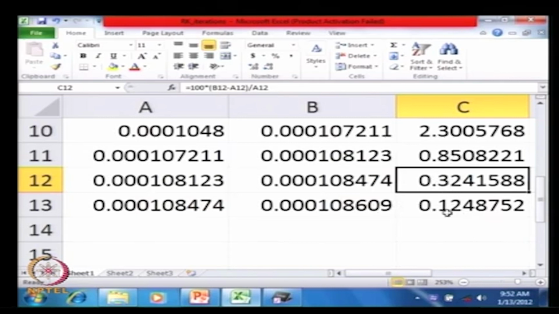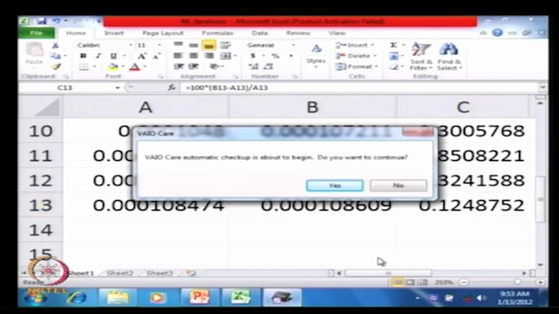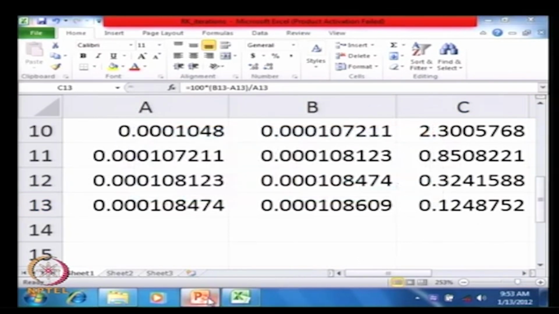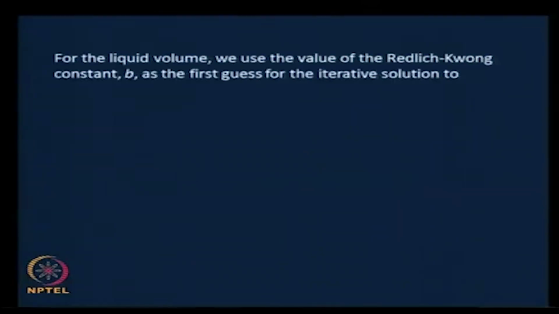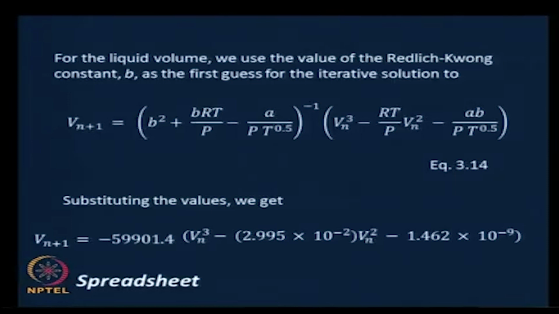Let us do a couple more and we will stop at 1.086 into 10 power minus 4 meter cubed per mole.